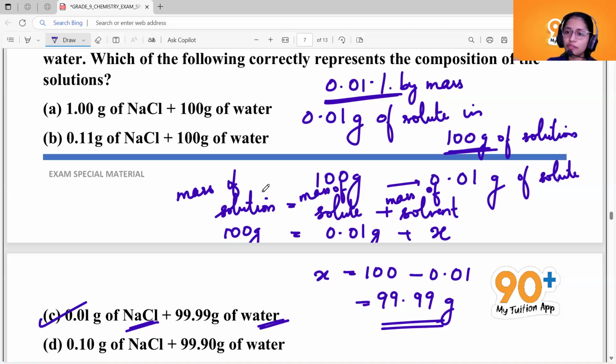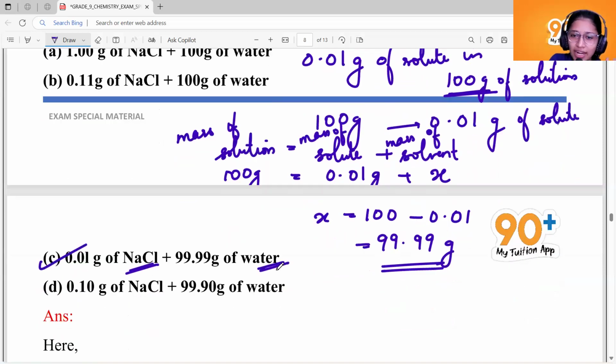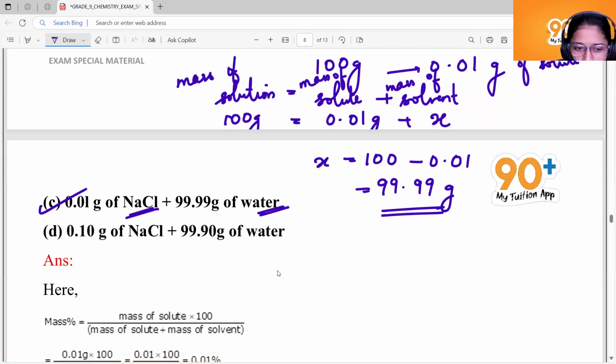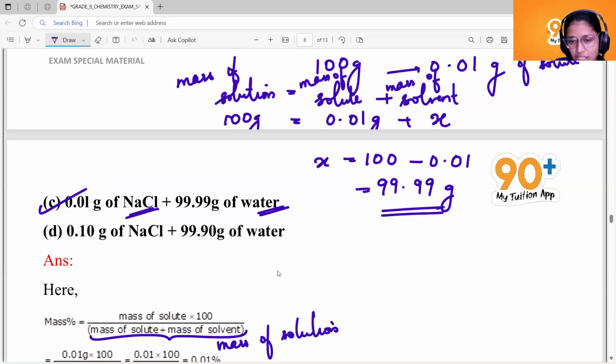Now, if you're confused, we'll do it using the formula itself. I have done it for you. Here, mass percentage is equal to mass of solute by mass of solute plus mass of solvent into 100. What is this mass of solute plus mass of solvent? Nothing but mass of solution. So that is how we have studied, right? So you can study the same way. Mass of solute by mass of solution into 100.